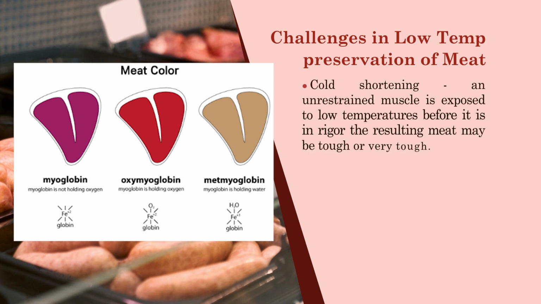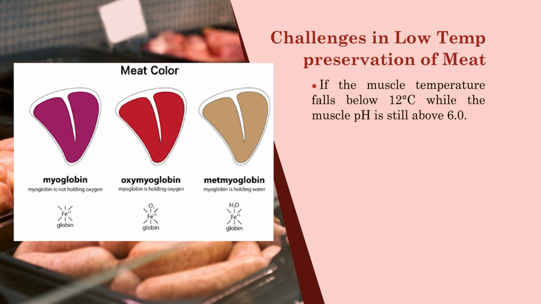Cold shortening is a shortening or textural change in the muscle, and the meat may turn into a rubbery kind of product. For this, if muscle temperature falls below 12 degrees centigrade while the muscle pH is still 6, then this challenge may come.